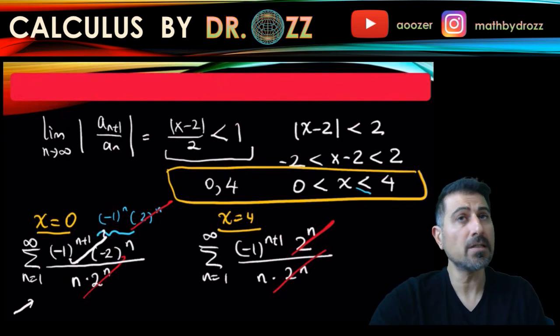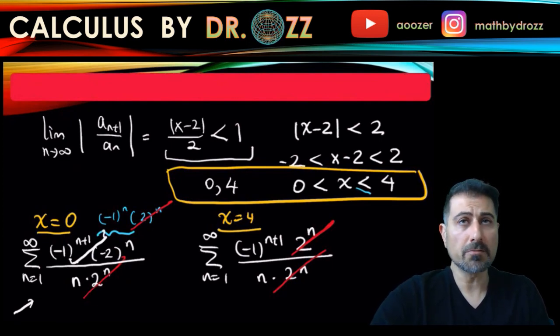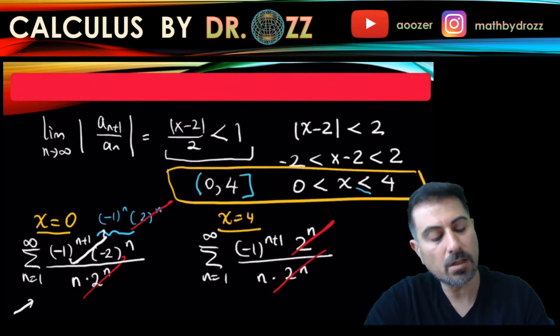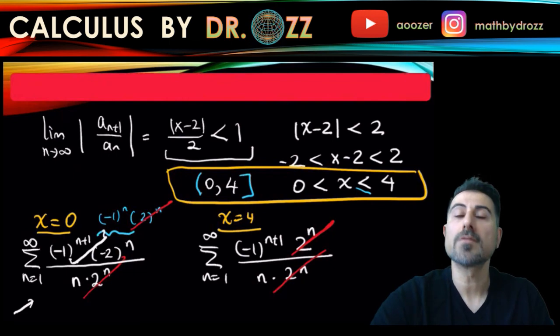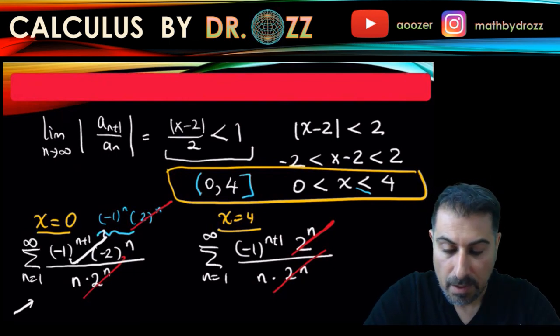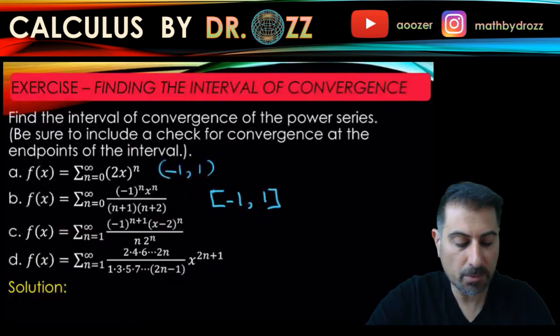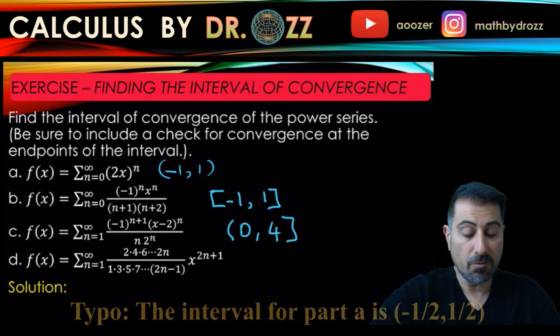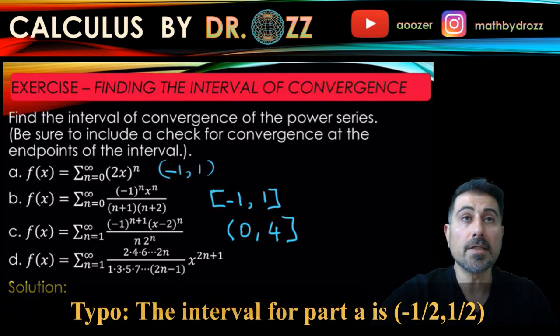I can't add the equality sign for x equals 0, so the interval is going to be open on the left and closed on the right. So that's the interval of convergence. In fact, I can go back to the original problem and write the interval of convergence as (0, 4], closed on the right. Okay. And for part D, please watch the next video.